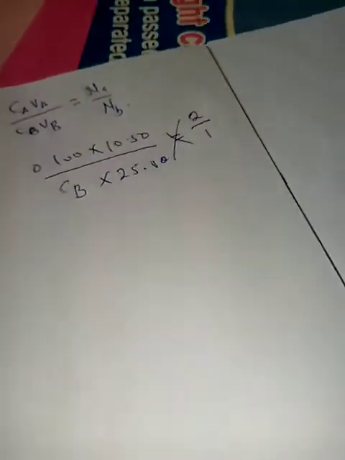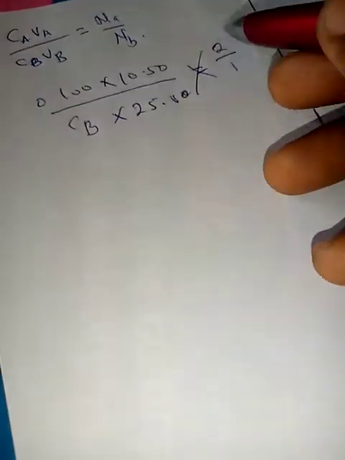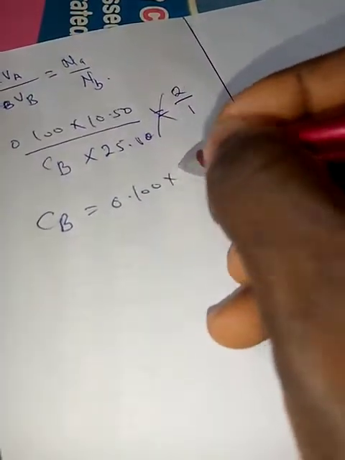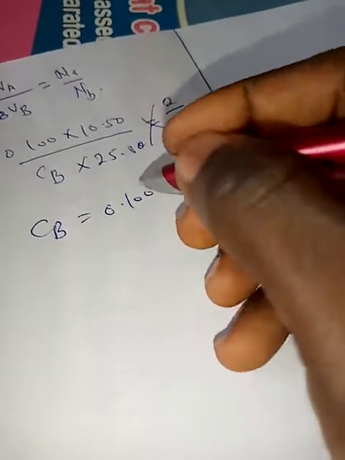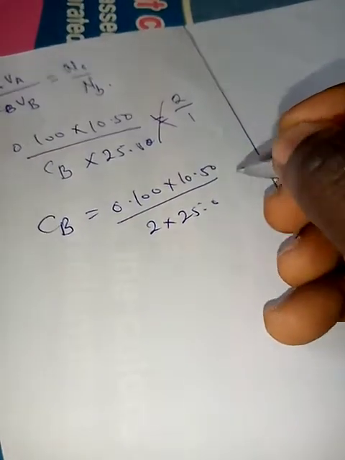When I cross multiply, I'll just take Cb and bring it down. So I have Cb equals 0.100 times 10.50 divided by 2 times 25.0.